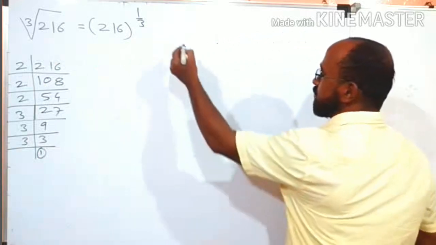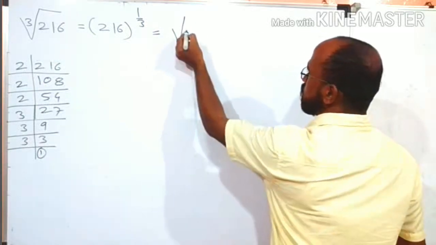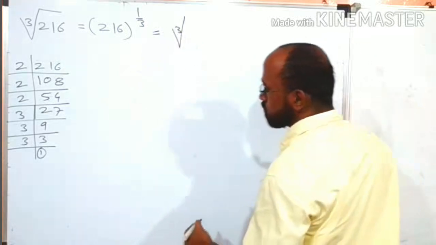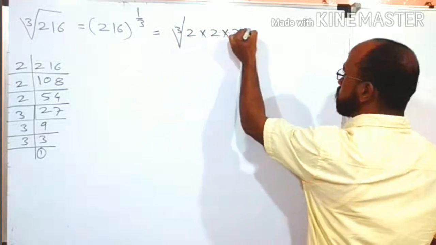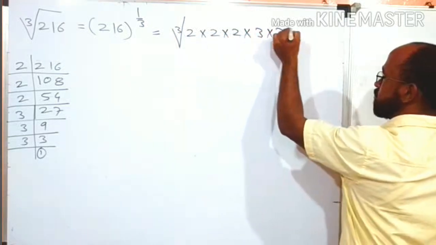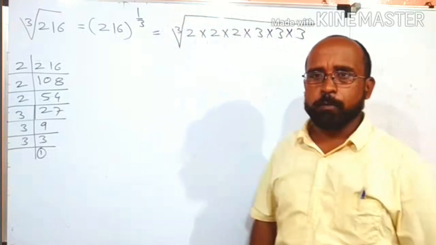So it can be written as the cube root of 2 multiplied by 2 multiplied by 2 multiplied by 3 multiplied by 3 multiplied by 3. Clear, friends?